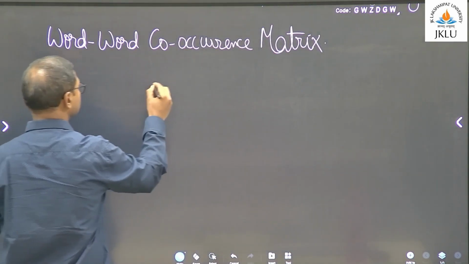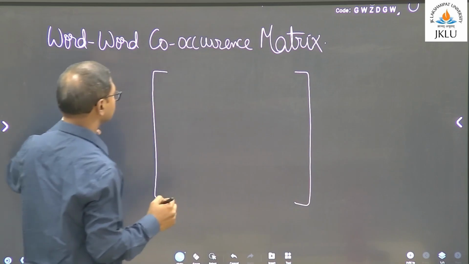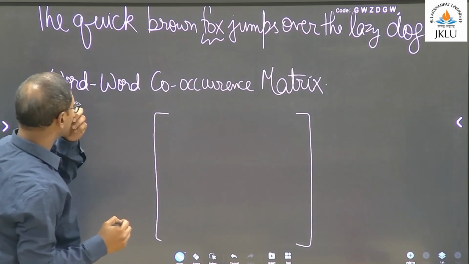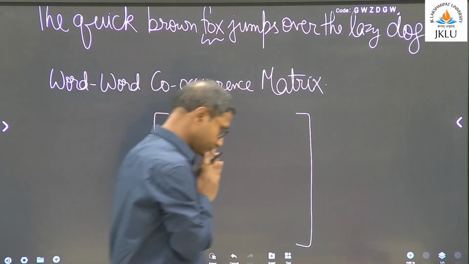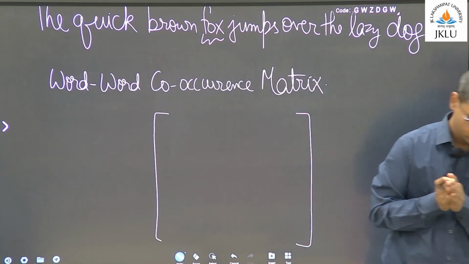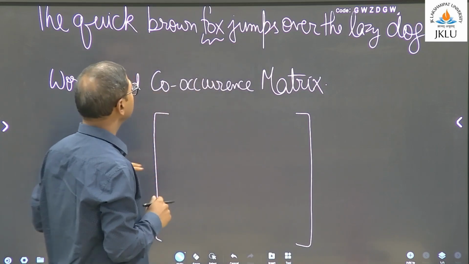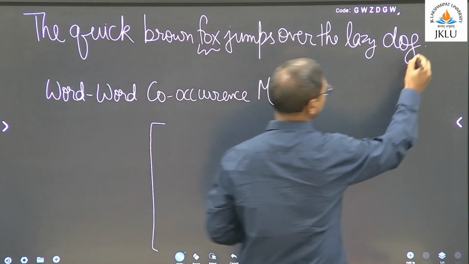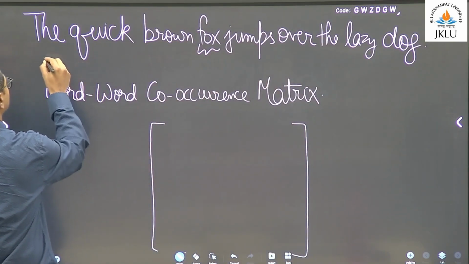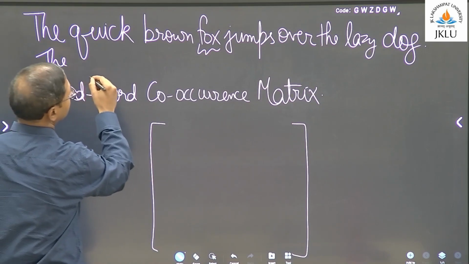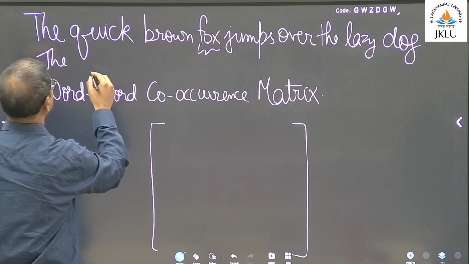What you are going to do is, the quick brown fox jumps over the lazy dog. Actually, that's not a good example. So tell me one more sentence about the same thing here. What should I write?